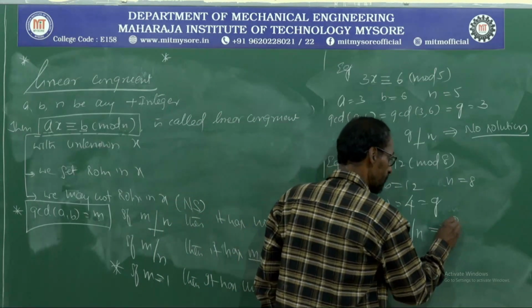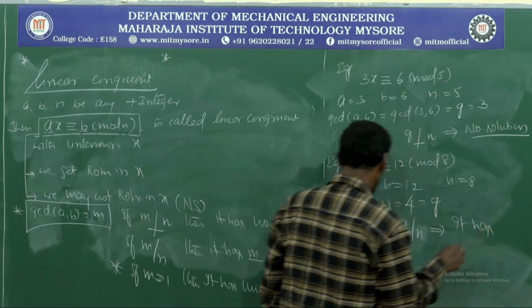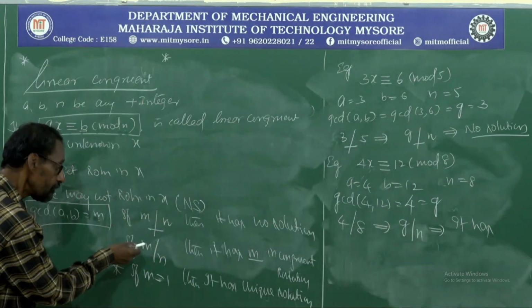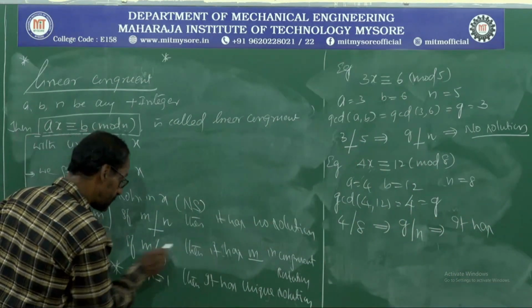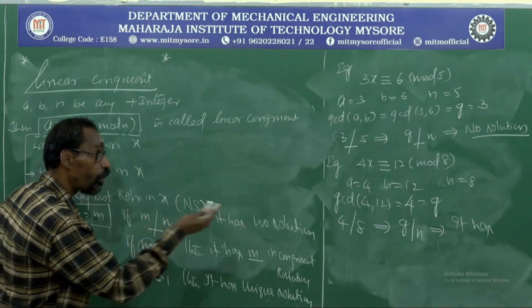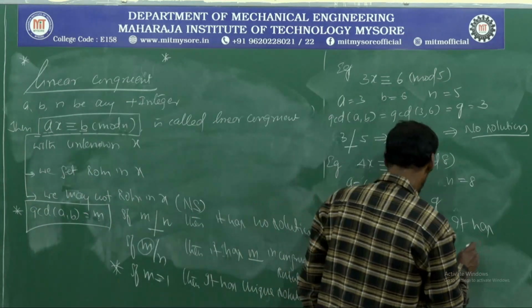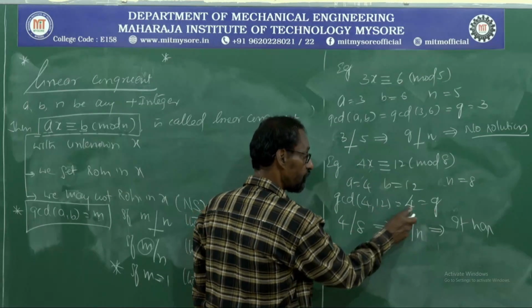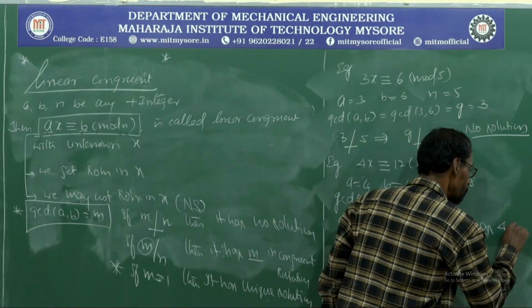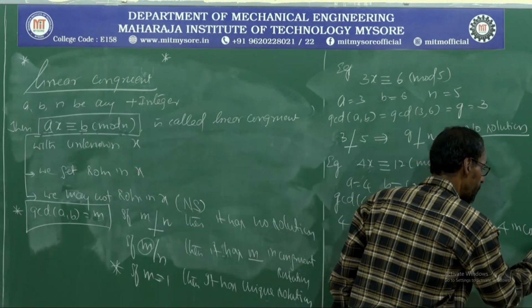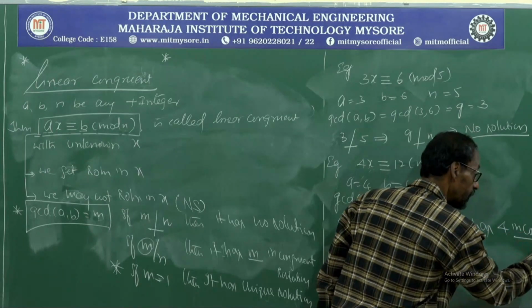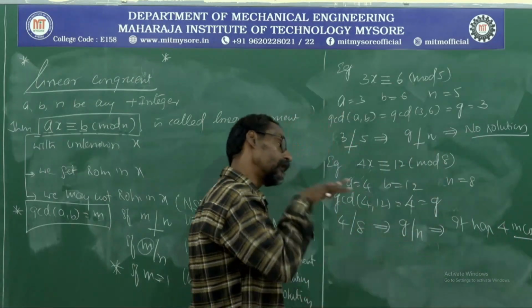This implies, see here, if M divides N, it has M incongruent solutions. What is the G value? G value is 4. It has 4 incongruent solutions. It is very important: incongruent, it's not congruent. Incongruent.